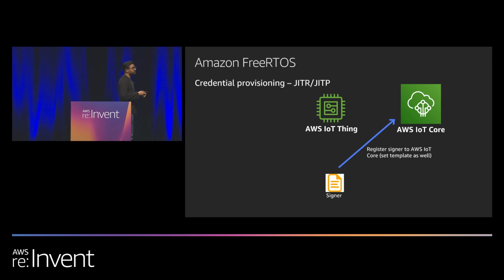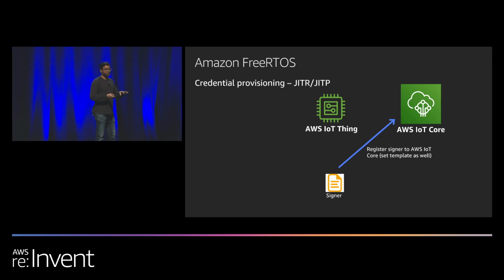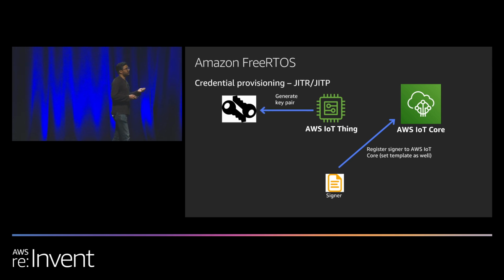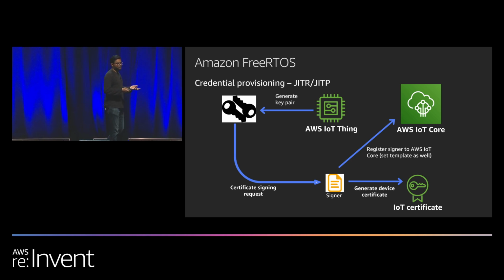That included the secure element, which is now part of our device, creating the public-private key pair. The private key is always stored in the secure element, never revealed. But it sends out the public key, and then you could create a certificate signing request using the public key, send it to the signer certificate, and the signer certificate signs it and creates the device certificate.